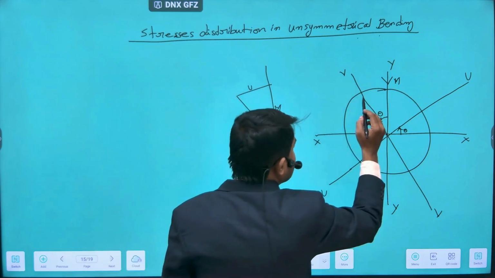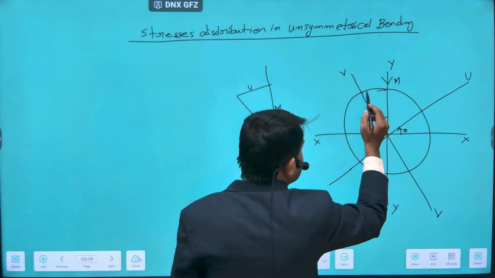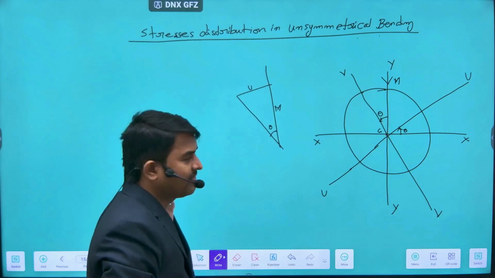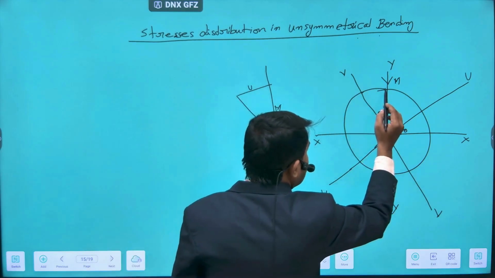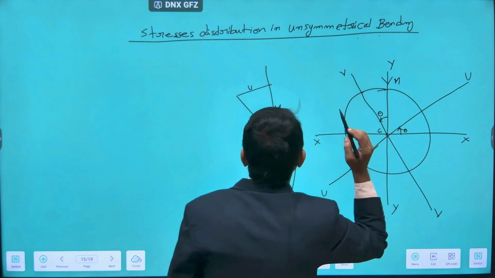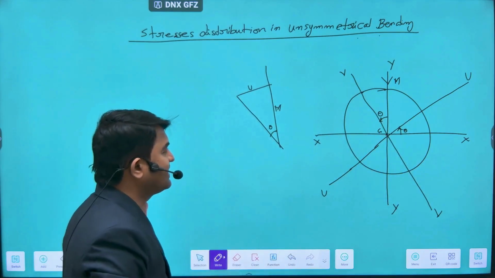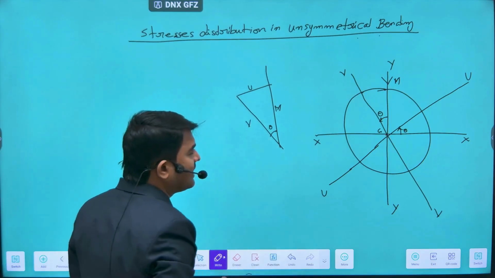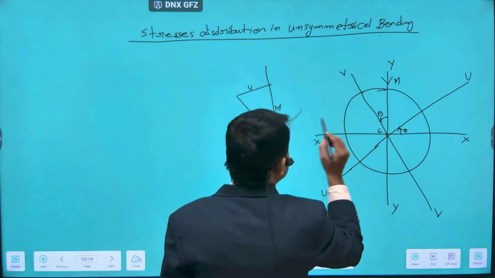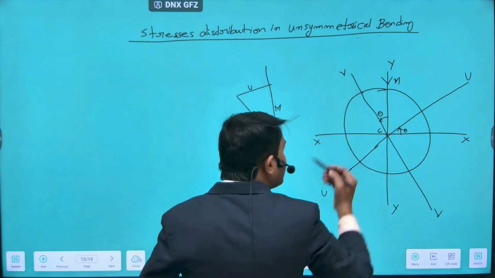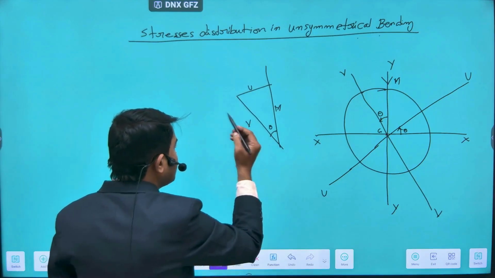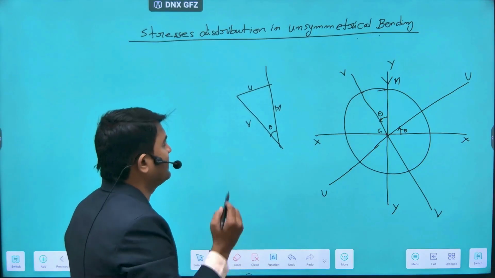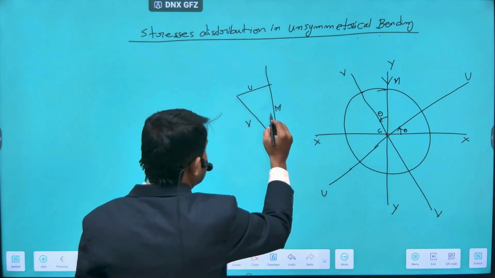Because I am taking this arc as a straight line, parallel to the UU axis, so that's why I am taking the coordinate U. Likewise, I am taking the other coordinate V, because this axis makes an angle theta, so that's why I am taking the coordinate axis V.